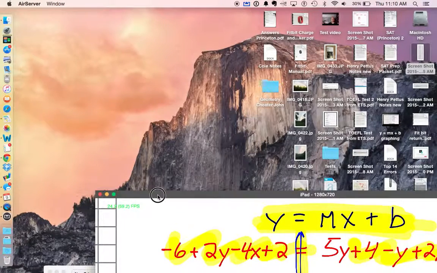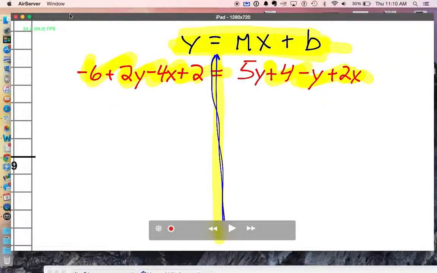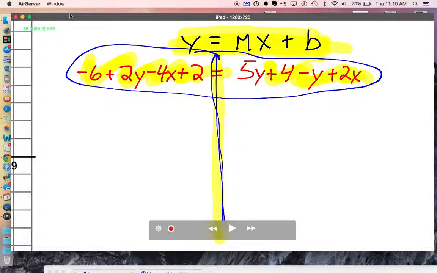Okay, so this video is going to deal with getting a rather complicated equation like this into a simpler y equals mx plus b form.